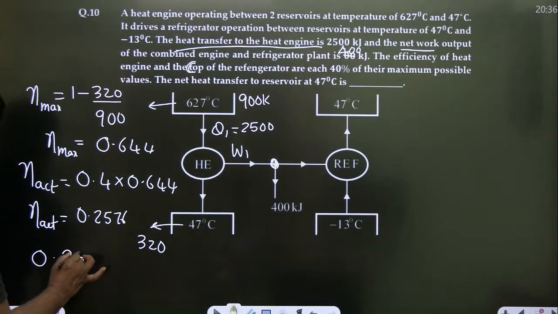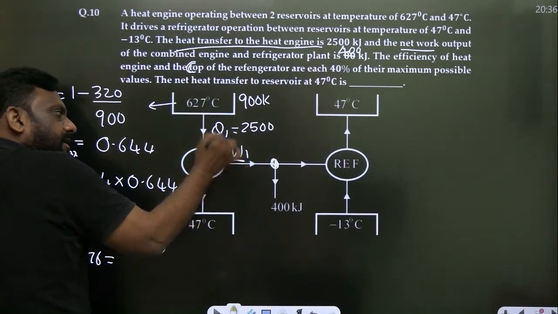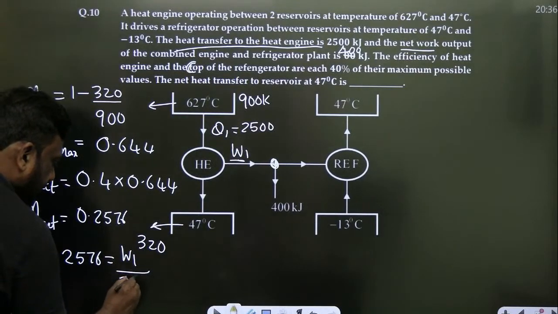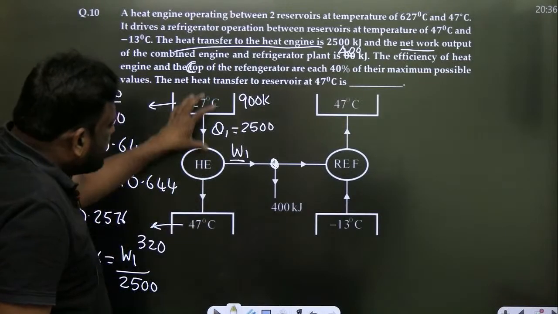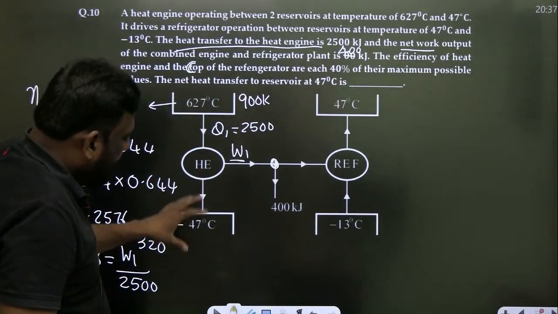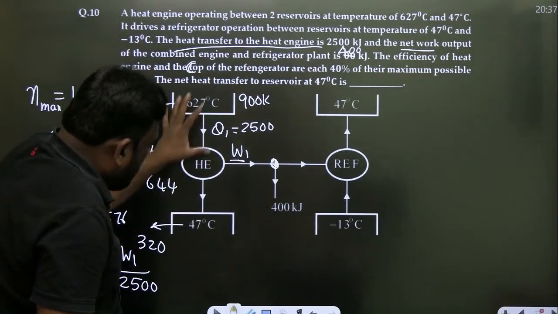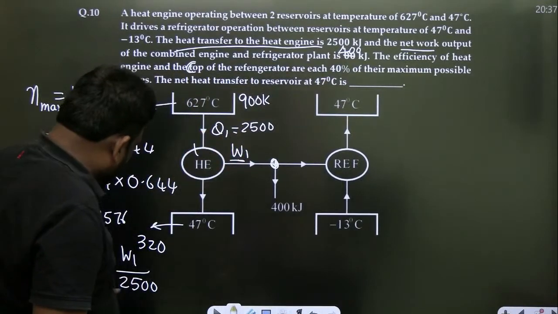The actual efficiency is output, that is W1, by input 2500. So W1 by 2500. I repeat my dear students. The ideal efficiency or Carnot efficiency is calculated, but it is operating on 40% of maximum. So I calculated actual efficiency. From actual efficiency I get network by input. Input is given, so from that I get network.